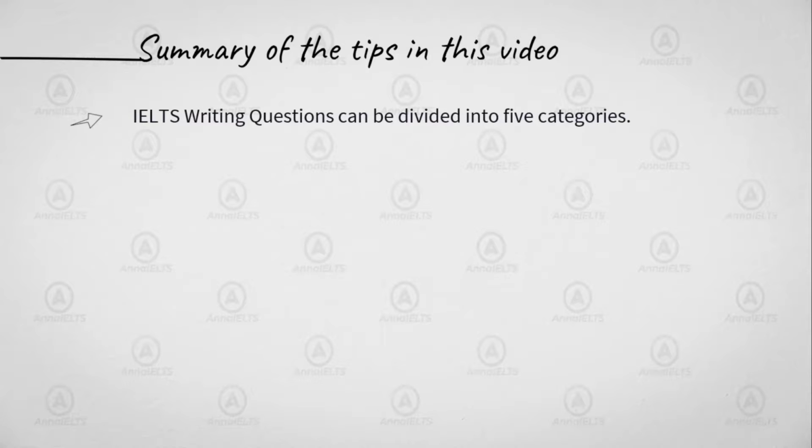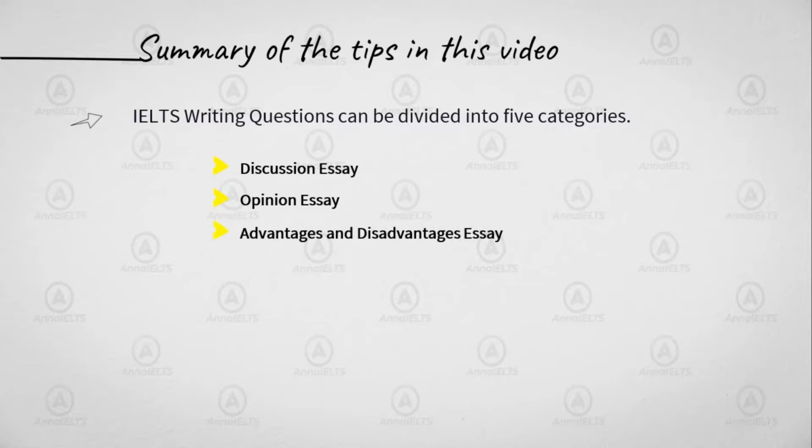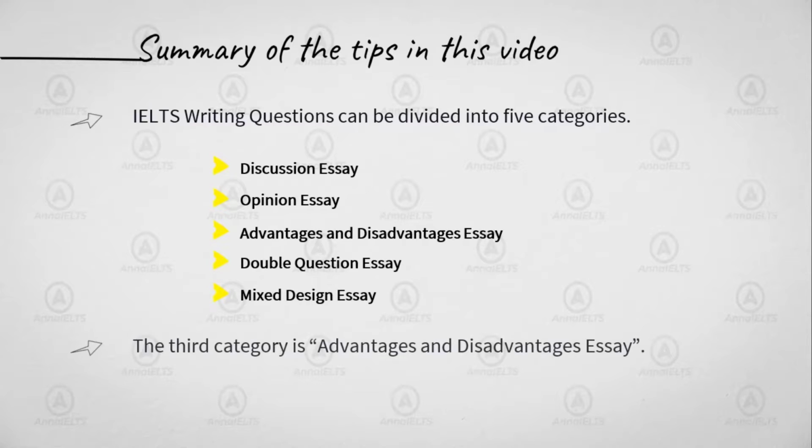IELTS writing questions can be divided into 5 categories: discussion essay, opinion essay, advantages and disadvantages essay, double question essay, mixed design essay. The third category is advantages and disadvantages essay.